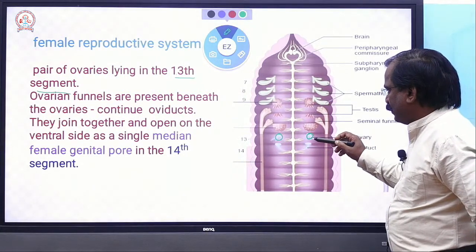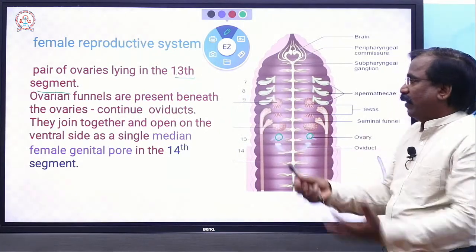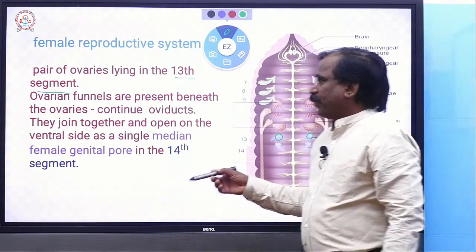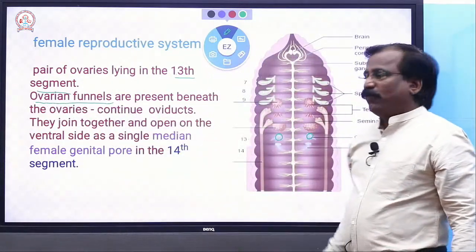Beneath the ovary, in that same segment, there is a funnel-like structure that is called the ovarian funnel.